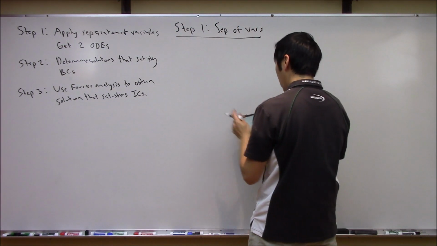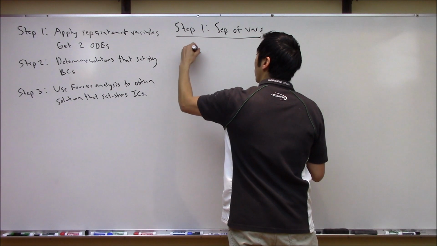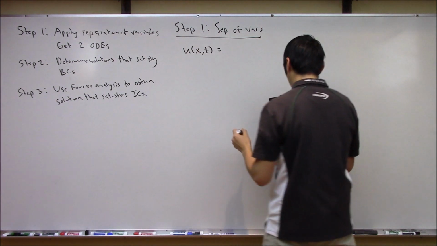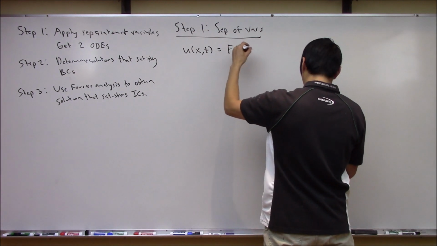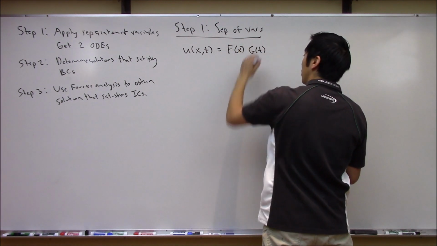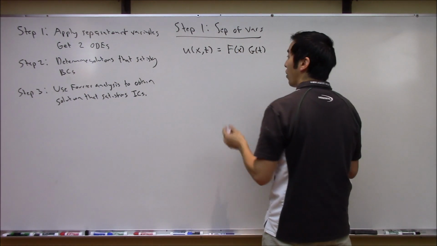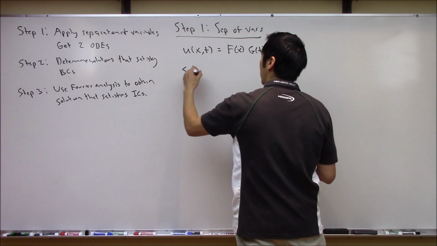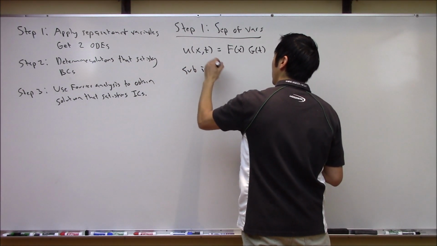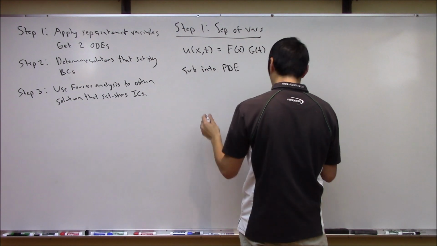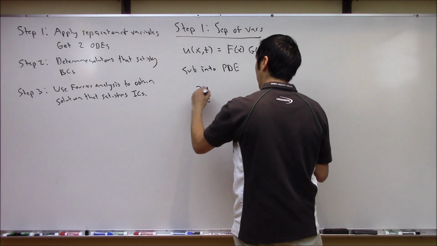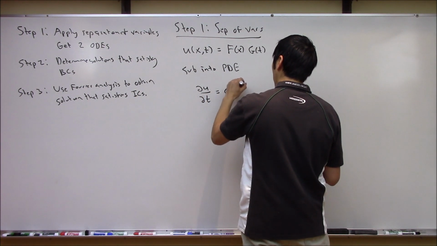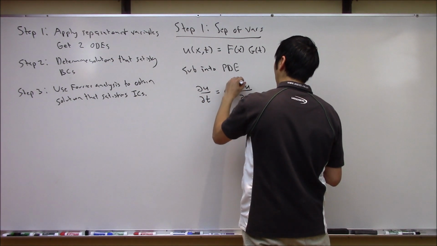So what we said here is we're going to assume that the solution that we're looking for is going to be able to be written as the product of a spatial function with a temporal function, right? Now if we do the same thing we did earlier and sub this into the original PDE, what was our PDE? I think it was partial u with respect to t is equal to c squared partial squared u with respect to x squared, right?